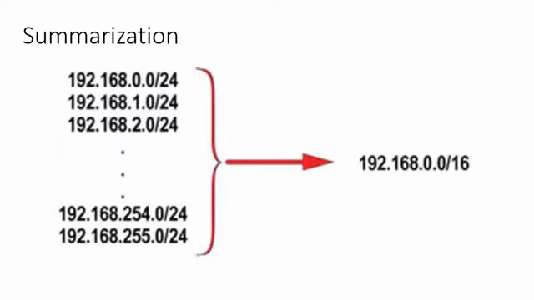But all these routes do not need to be passed individually throughout the network onto a neighbor through a route advertisement. They can be summarized using one summary route, 192.168.0.0/16. So as you can see, using summarization, we're saving a lot of memory and CPU by simply summarizing all of these routes into one single route.